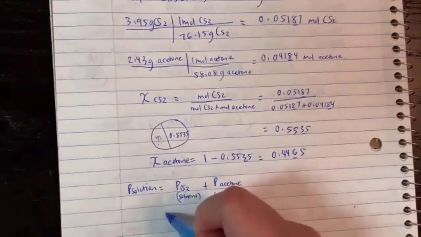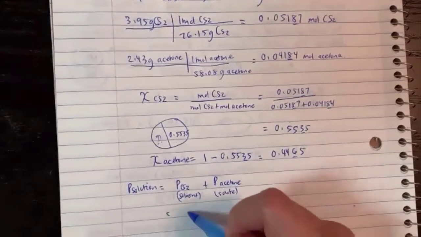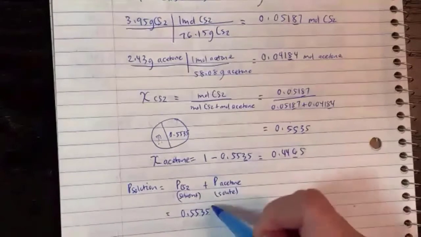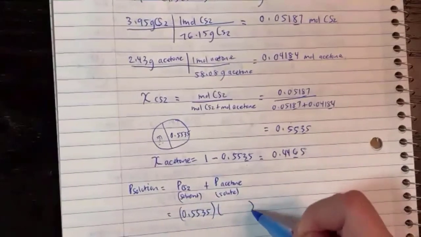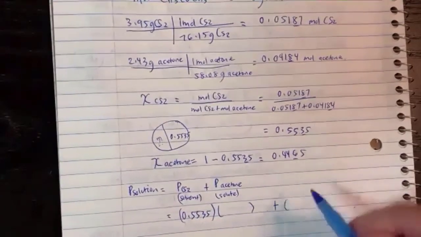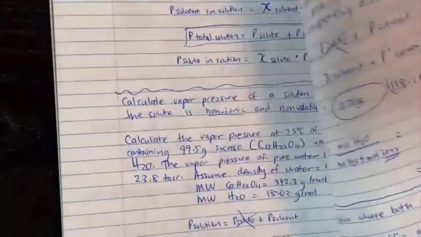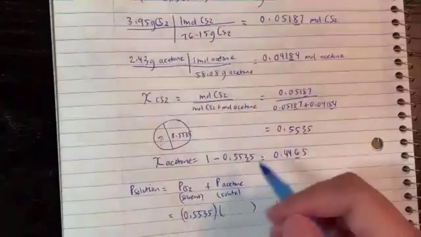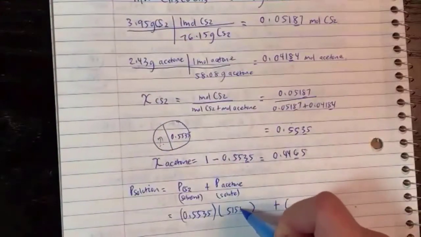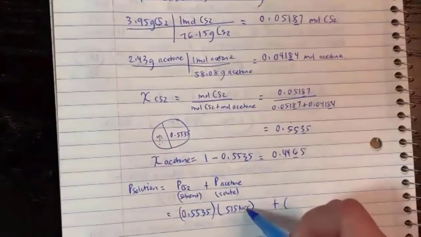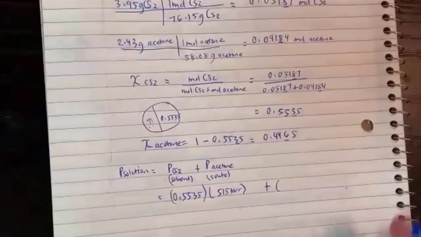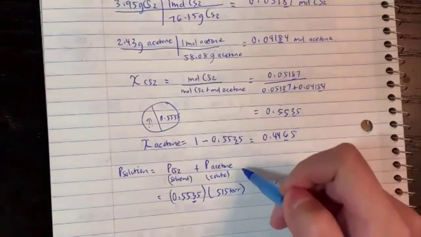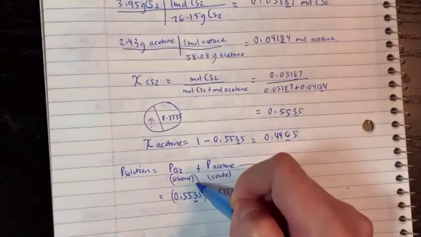Okay, and I need a mole fraction. So mole fraction is 0.5535. This is for CS2. And then what's my original vapor pressure of CS2? Let me look it up. Original vapor pressure of CS2 is 515. Okay. And then you gotta do the acetone portion that goes over here.